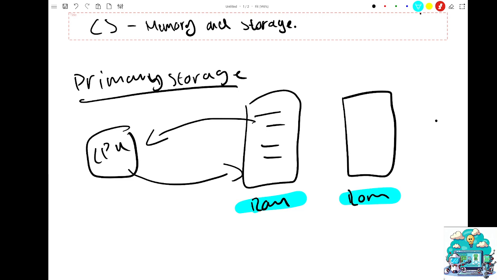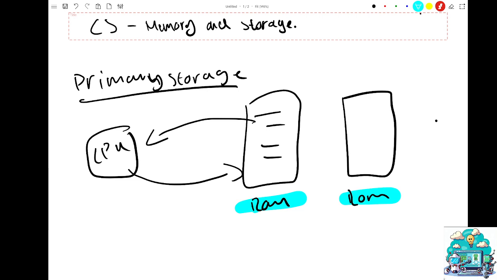ROM stores the boot sequence of the operating system initially, and also stores the BIOS, and is non-volatile.